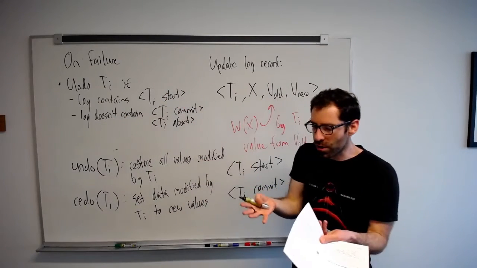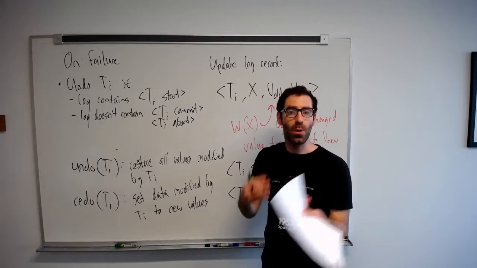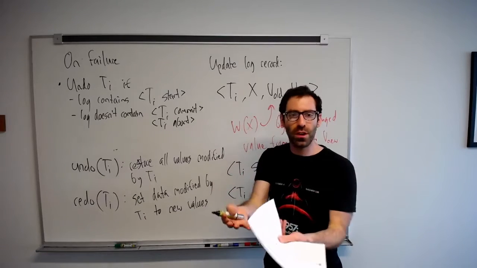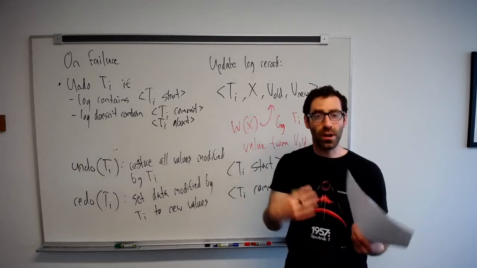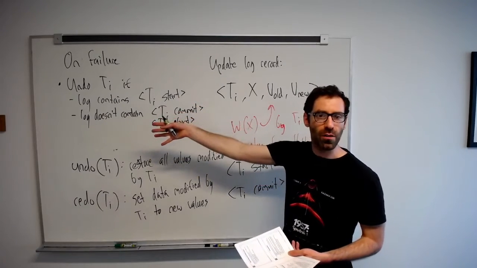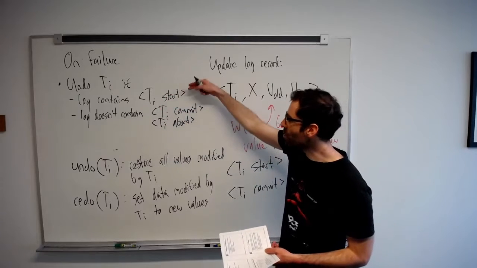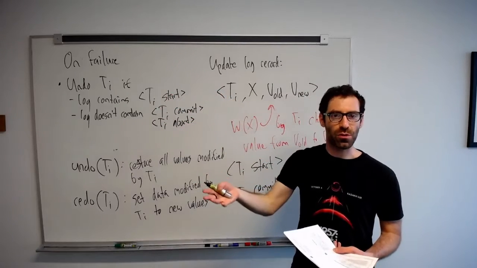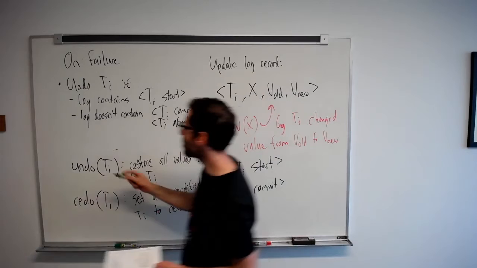We want our transactions to be atomic, right? We want all of the operations they do to happen or none of them to happen. So if we have one that was in the middle of its work when we had a crash, we recorded that it started but never any sort of completion, then we need to undo it.